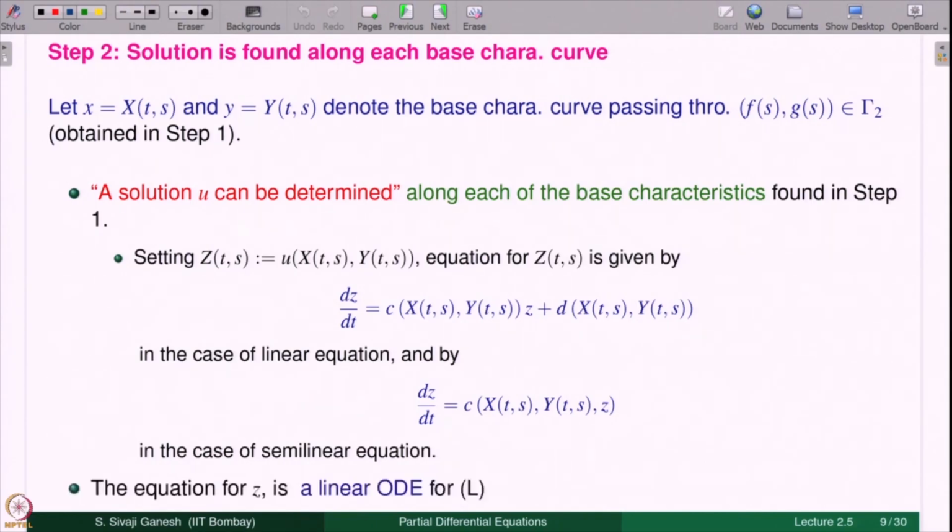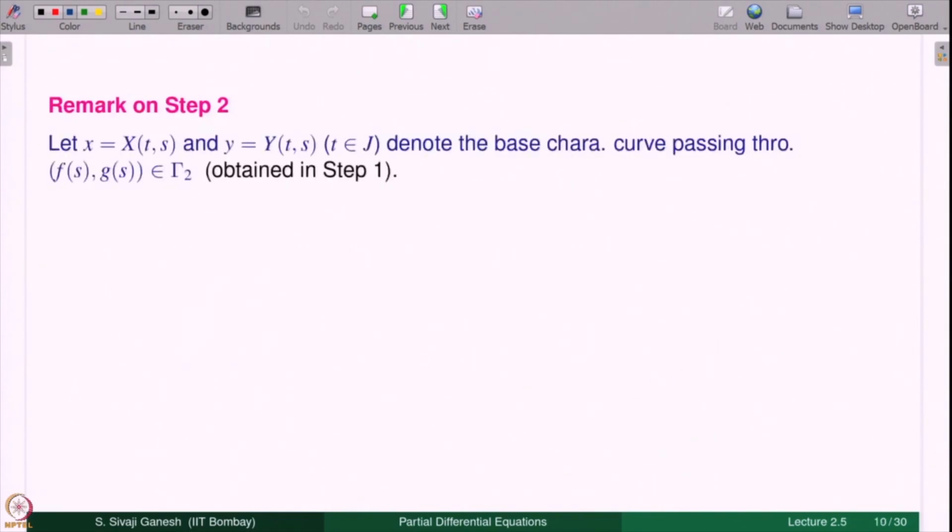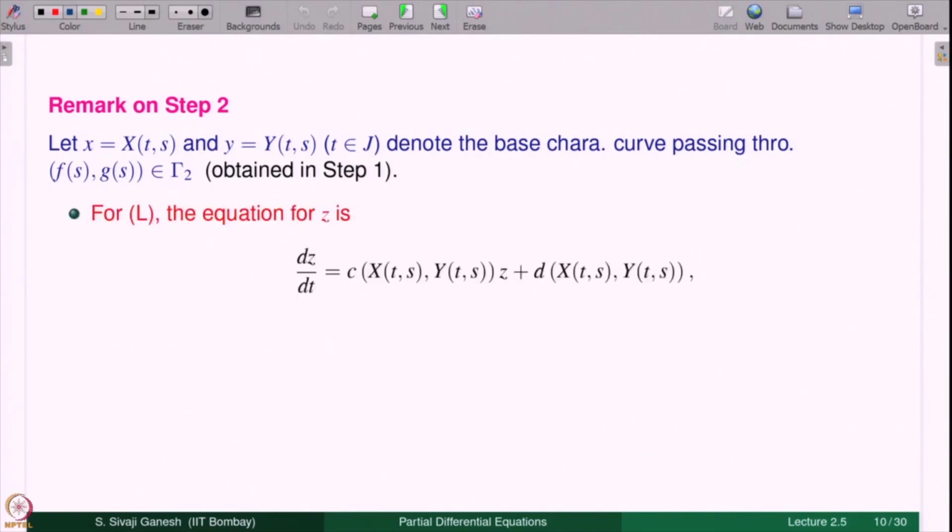So, the equation for z is a linear ODE for the linear PDE, and it is a nonlinear ODE for the semilinear PDE. Nonlinear because the dependence of c on z is not linear, that is all it says. For the linear case, I am recalling the equation for z.